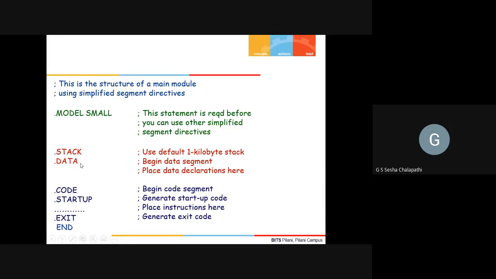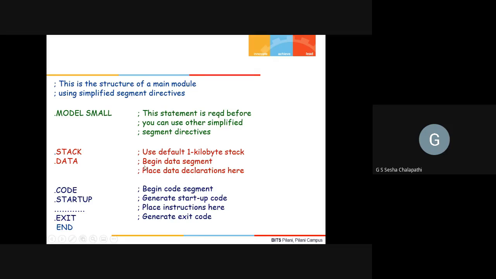If you want a separate stack, you can have .stack and declare the values of the stack, just like you declare the data segment values. There you can define what will be the contents of the stack. By default you will be using a 1 kilobyte stack.